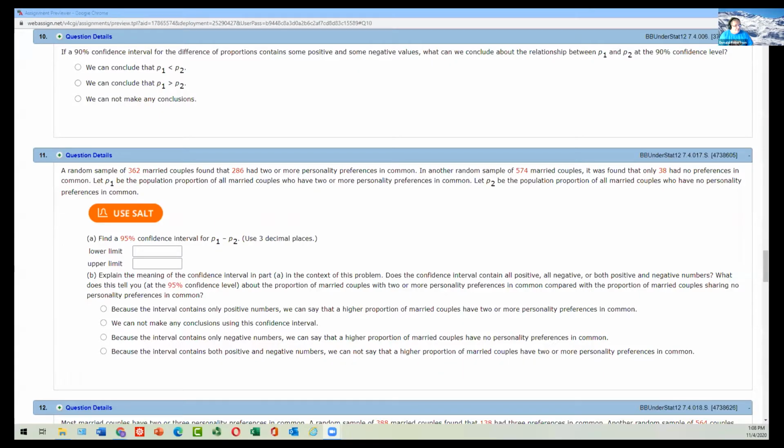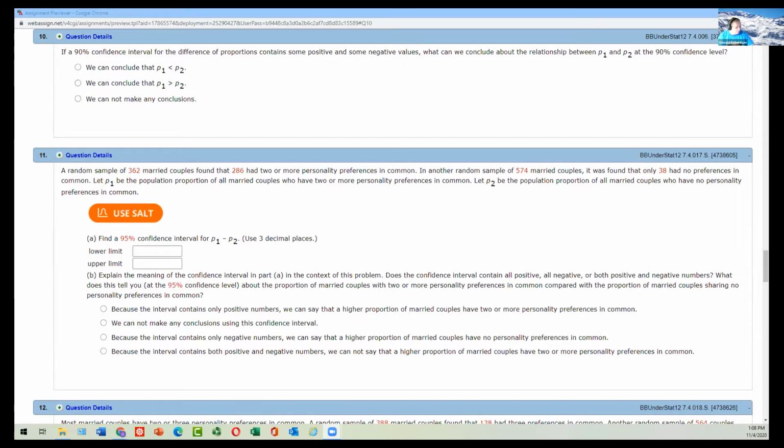So let's look at some homework questions. I think the good thing about these questions is that although the numbers change and the story changes, the process is pretty much the same for every question.